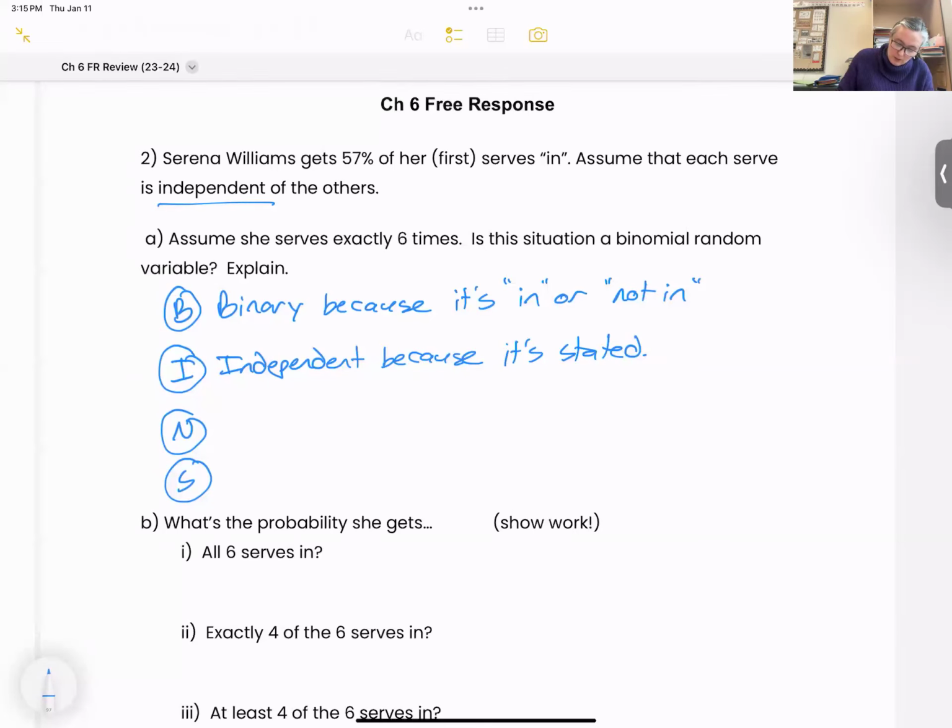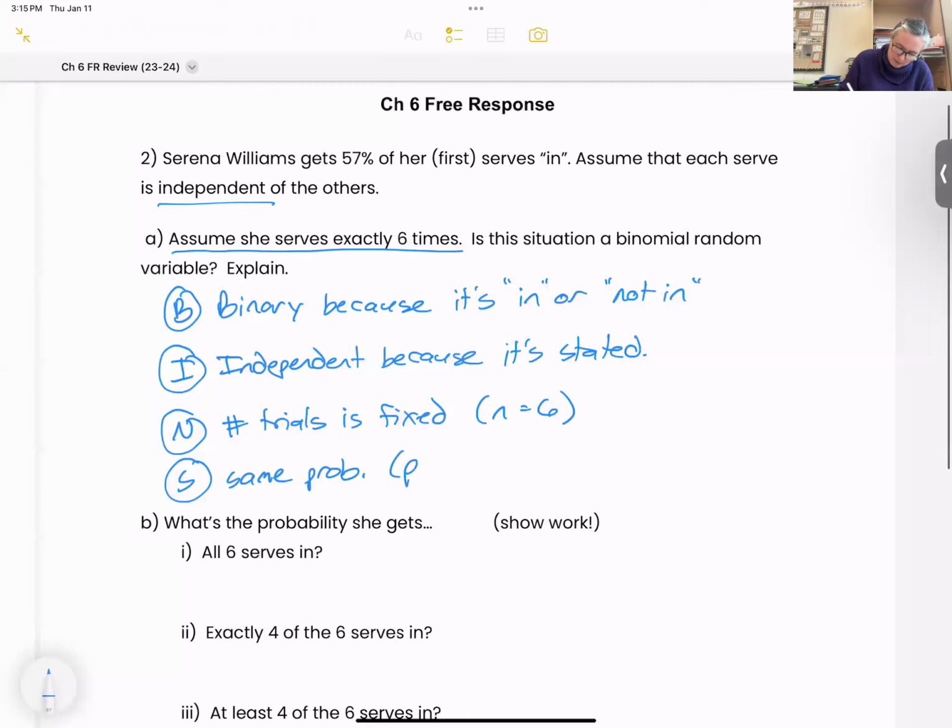Number of trials is fixed. So assume she serves exactly 6 times. So number of trials is fixed, specifically n equals 6. And S is for same probability, specifically 0.57. Okay, so there's my BINS.